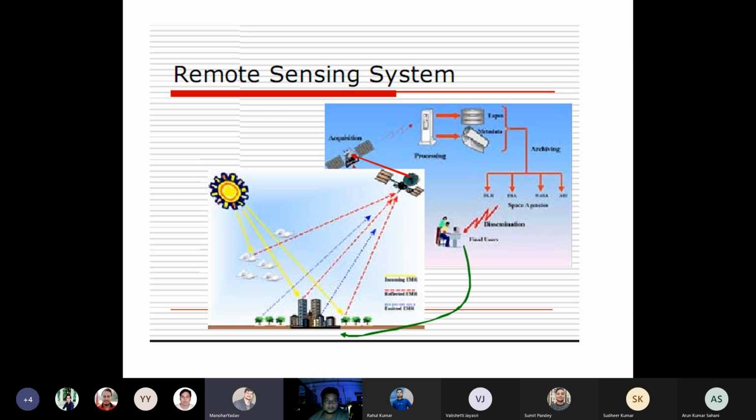And there are two types of energy component which further constitute the outgoing energy component towards the satellite based sensor. The two types of energy outgoing from the Earth's surface object toward the sensor are radiated energy, shown over here in blue color, and the reflected energy, shown over here in red color.